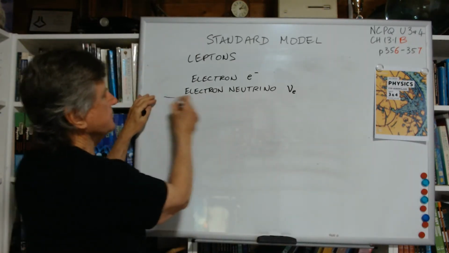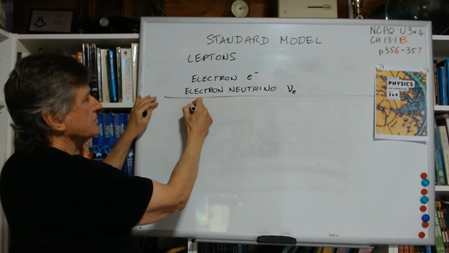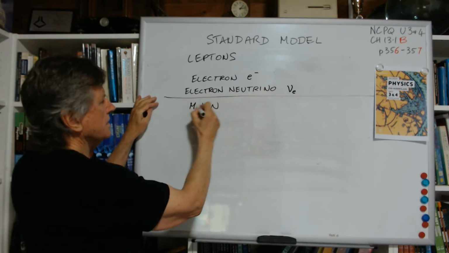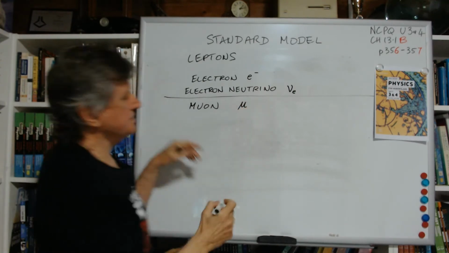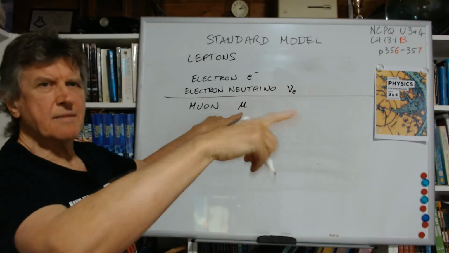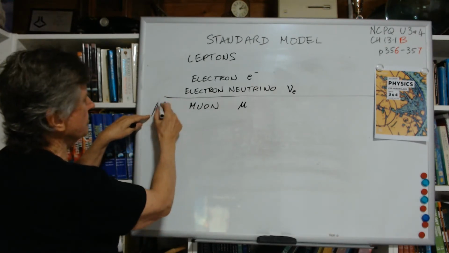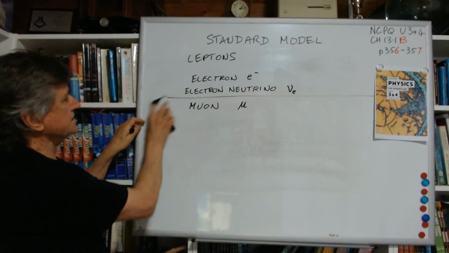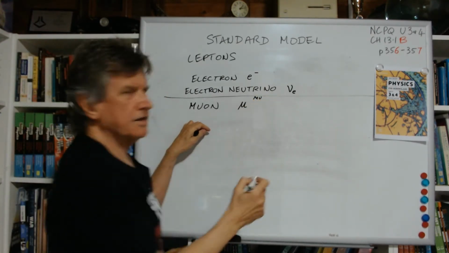Okay, so that's the first generation, and then you've got what's called the muon. That's MUON, and now that's got the symbol mu. It looks almost like an M when you think about it. It's sort of like an M with a long bit there, but that's the mu symbol, MU, and it's the Greek mu.